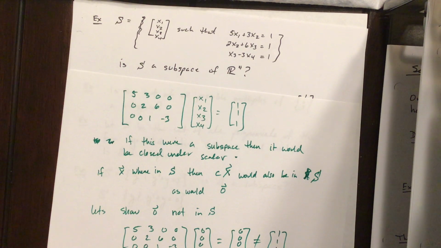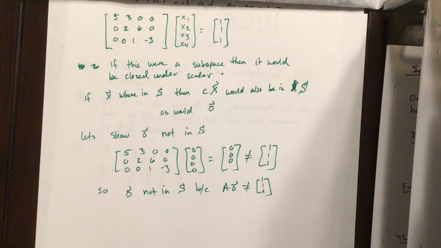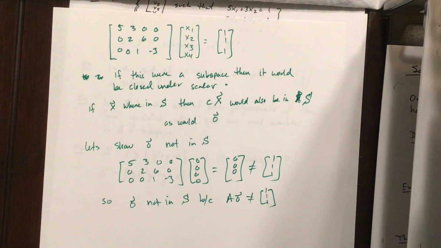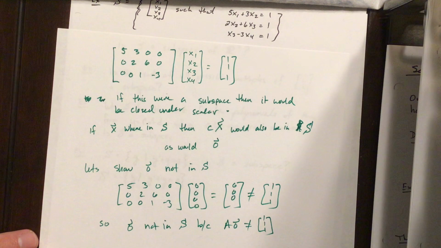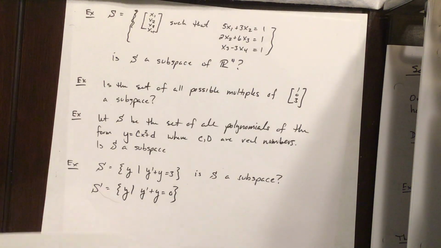So the vector 0 is not in S because A times the 0 vector is not equal to 1, 1, 1. There you go. Oh, sorry, I was out of the screen for the last of it. All right, so that's kind of how you look at the first problem.